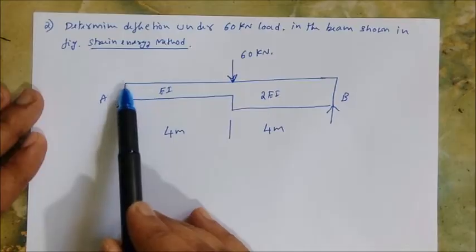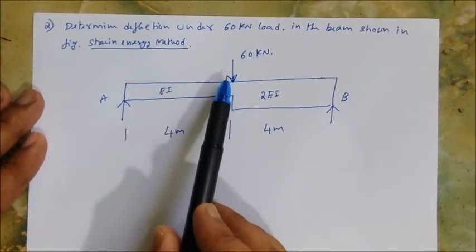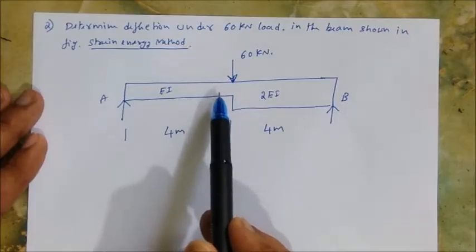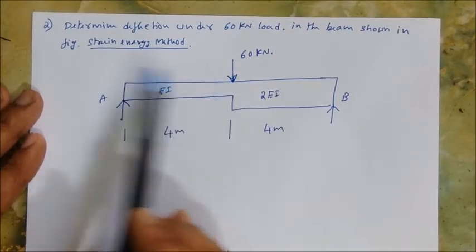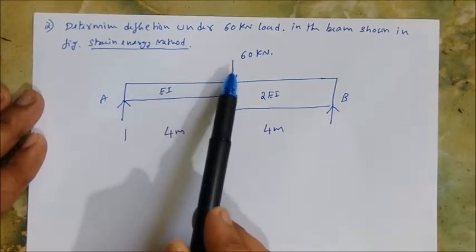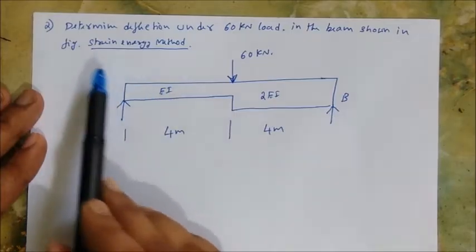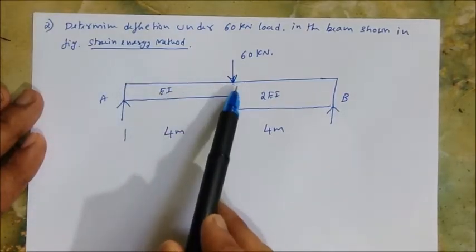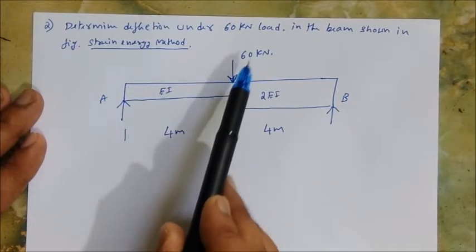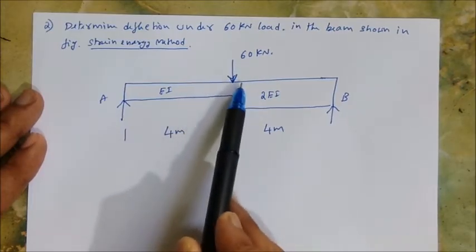Even if I give a UDL and no point load, I cannot use the strain energy method; in that case we need to modify it. So the strain energy method can be used only to find the deflection under a given load. Very restricted cases here. If there is no given load, you cannot find the deflections.